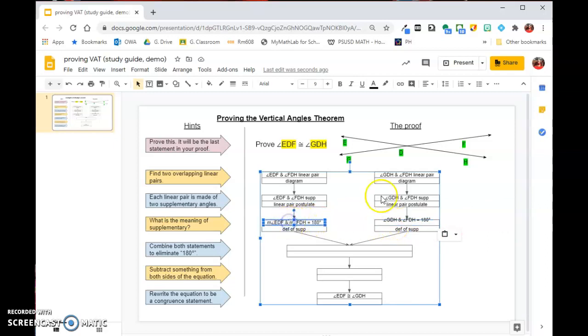And this is meant to be addition. When I add them together, I get 180 degrees. We're not going to leave it wrapped like that. We're going to fix that.